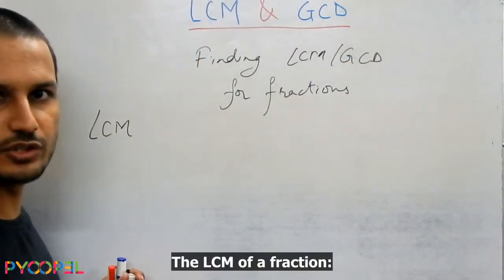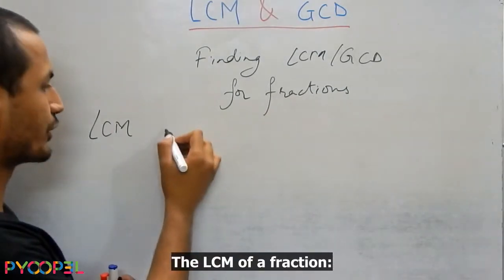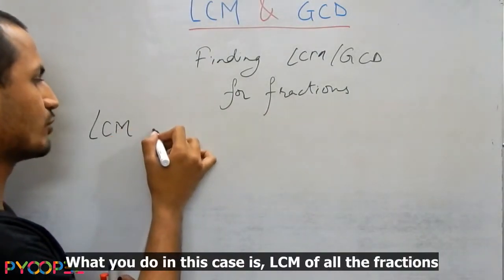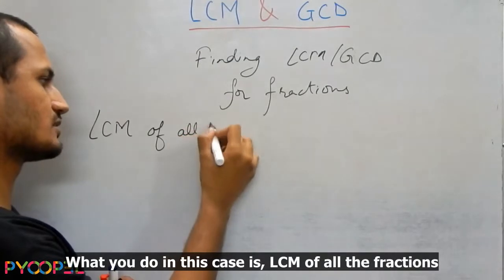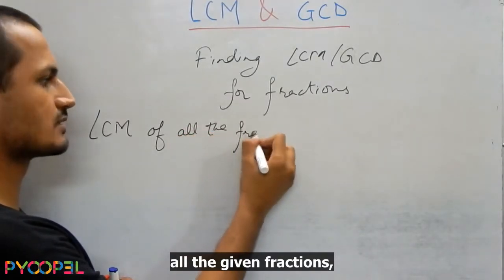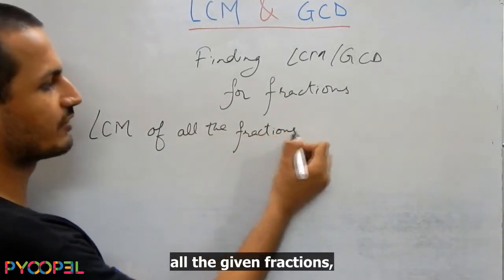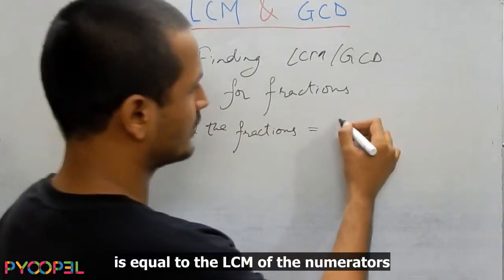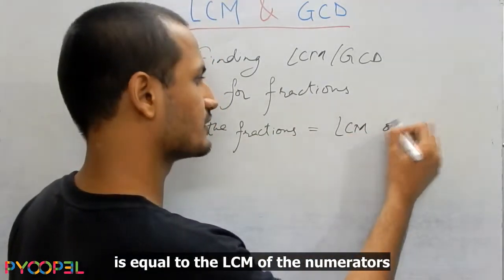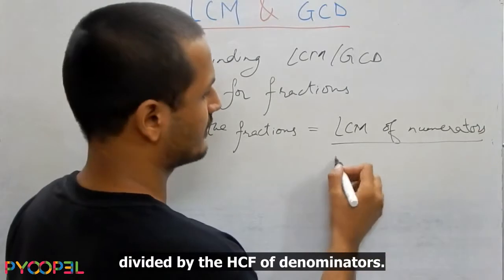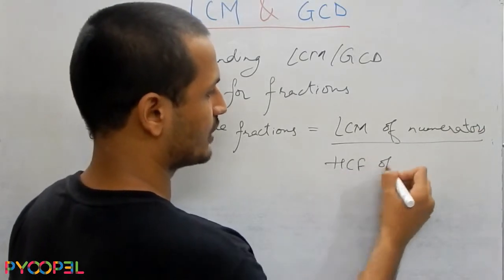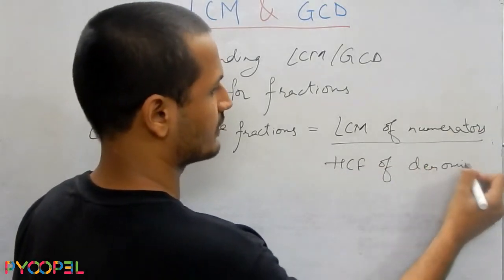The LCM of fractions: what you do in this case is, the LCM of all the given fractions is equal to the LCM of the numerators divided by the HCF of denominators.